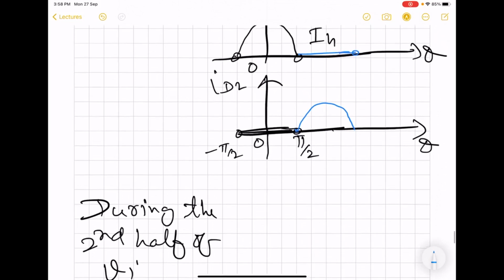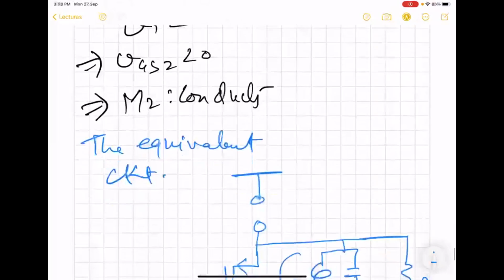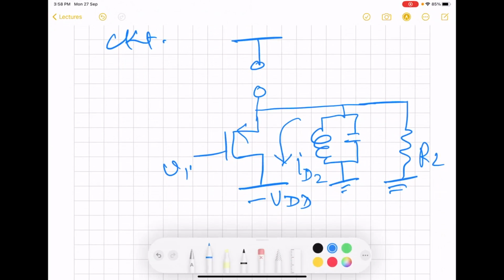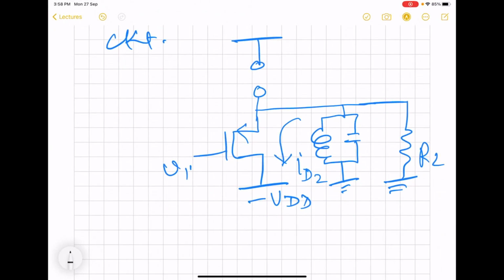So now for the second half, the second MOS also contributes a half wave, and for that we saw that the total drain current ID2 is going to flow through this MOS, which will have a DC part. So DC is going to flow like this.